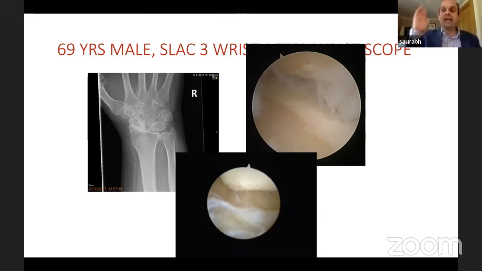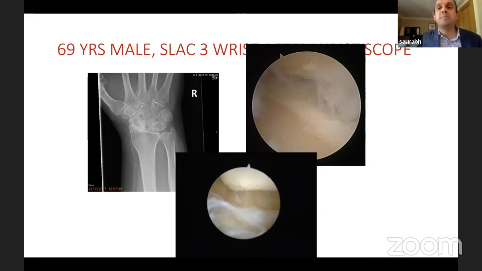Our daily activity is like throwing a dart, the dart throwing motion. As we throw a dart, you start from extension and radial deviation, and you palmar flex and go to ulnar deviation. This movement happens at the mid-carpal joint. So if you have to preserve one between the radiocarpal and the mid-carpal, theoretically you should preserve the mid-carpal.